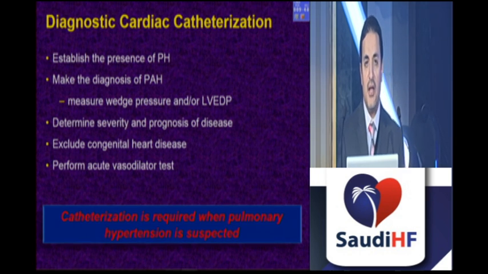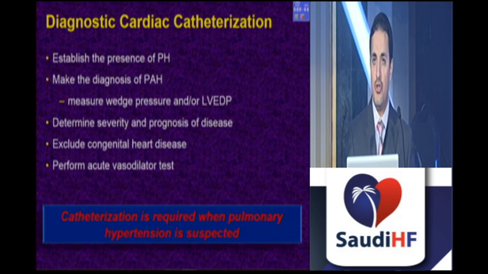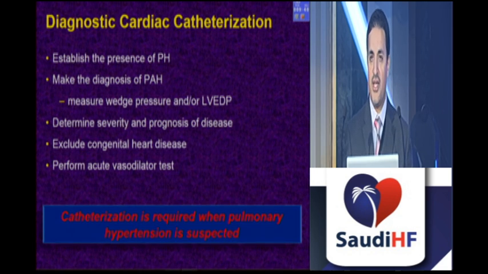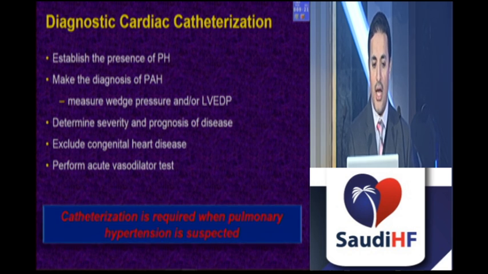As far as cardiac catheterization is concerned, this seems to be a debatable issue when you're discussing this with people who are not managing pulmonary hypertension regularly. But the bottom line is, and this is by all guidelines and all symposia, catheterization is mandatory when you're trying to establish the diagnosis of pulmonary hypertension, not just to find out whether the patient has pulmonary hypertension or not, but to actually decide what kind of pathology the patient has.